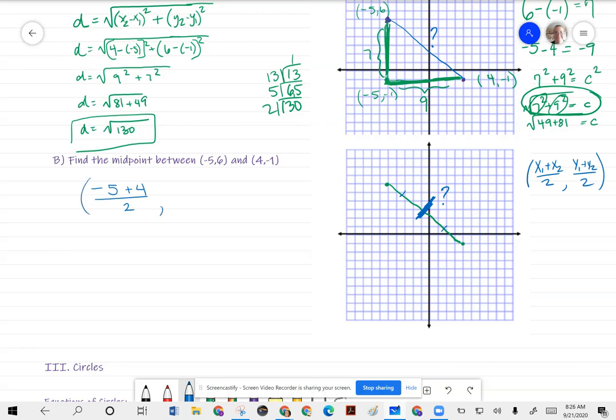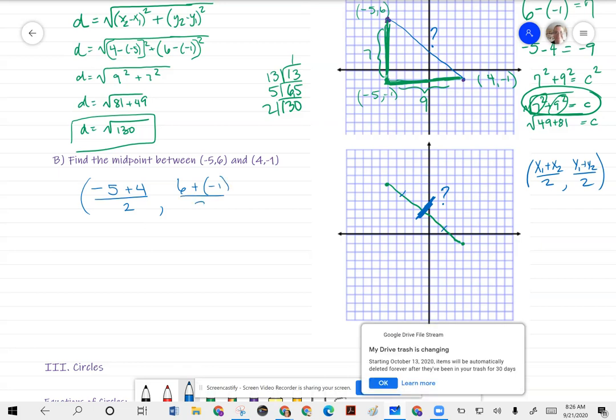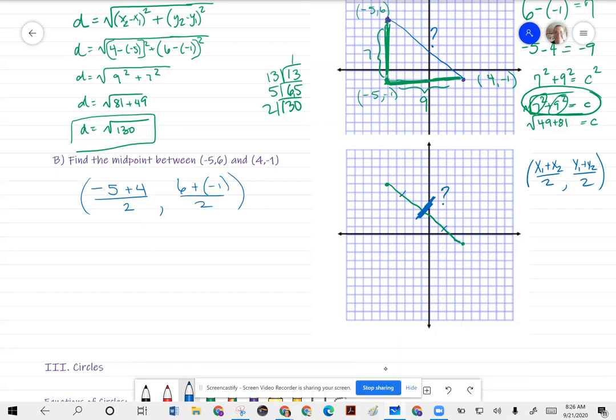And then I'm going to add the y's, 6 plus -1 over 2. So here I've got -1 over 2, and then I've also got 5 over 2. So around -1/2 and then 2 1/2, right there, would be my midpoint.